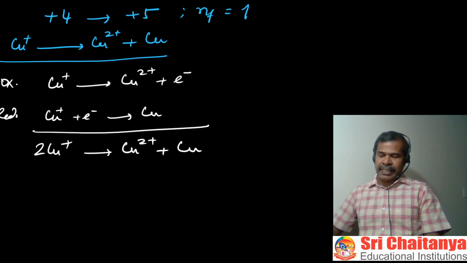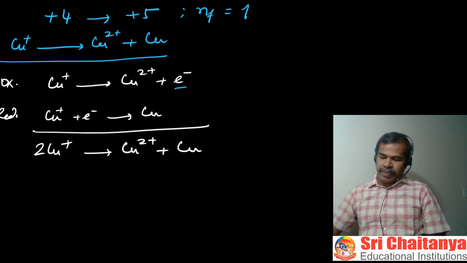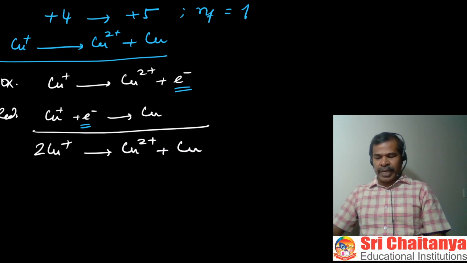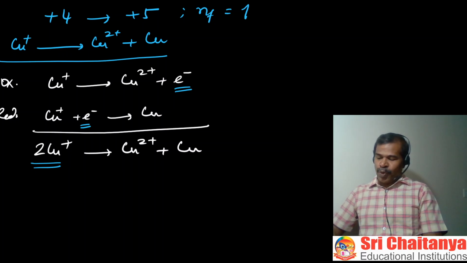Just see. In oxidation, 1 electron is lost, liberated. In reduction, 1 electron is gained. The electron which is lost here is being gained here. So 1 electron is transferred. And to transfer 1 mole of electron, 2 moles of copper are required.